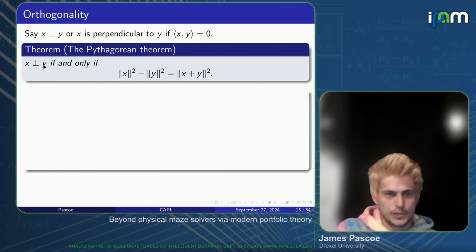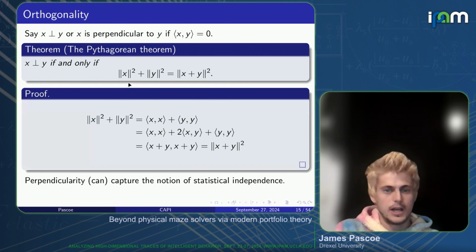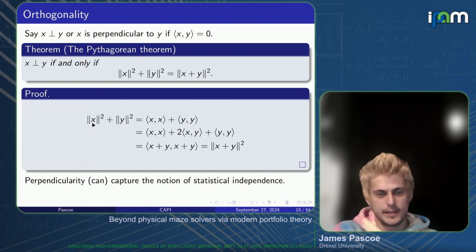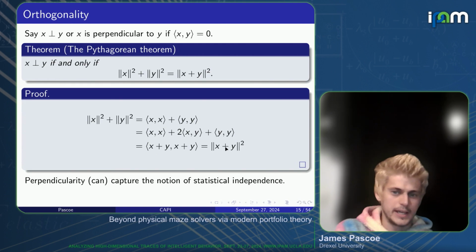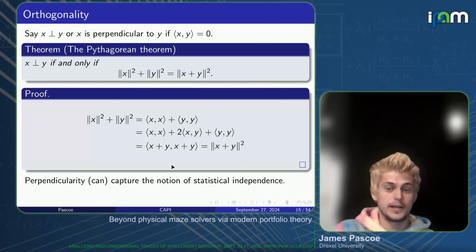Normally, you see that if x is orthogonal to y, then we have this relation for these three vectors. And the proof is just, okay, I take the norm of x squared plus the norm of y squared. That's really x hitting x plus y hitting y. But because this cross term is assumed to be 0, I can just add this extra term in. And so then I get the norm of x plus y squared.